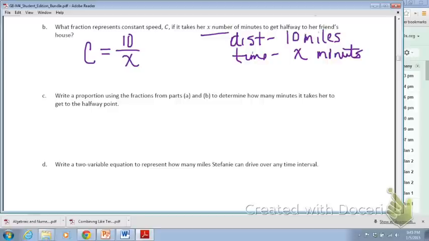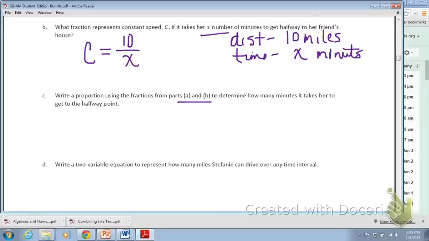So now I'm going to use what I had from parts A and B to do C here. C says write a proportion using the fractions from part A and B to determine how many minutes it takes her to get to the halfway point. So the halfway point is 10.